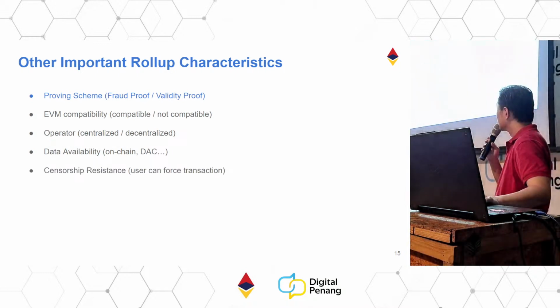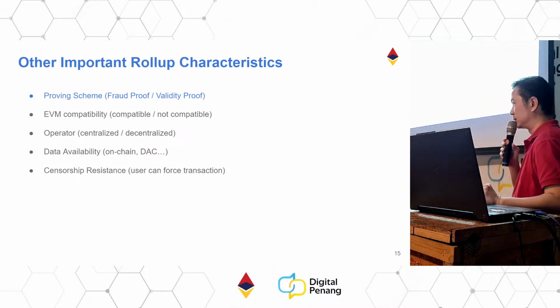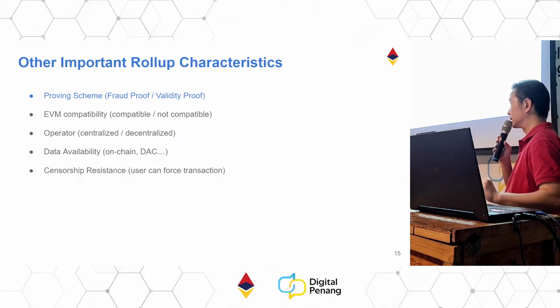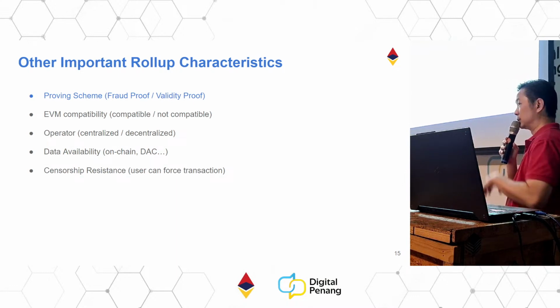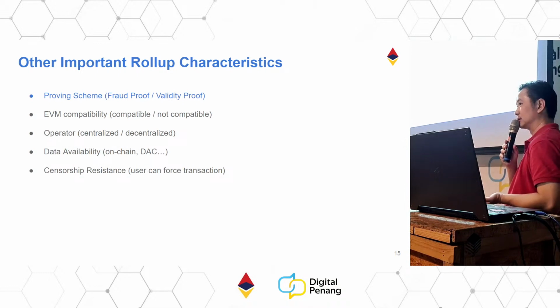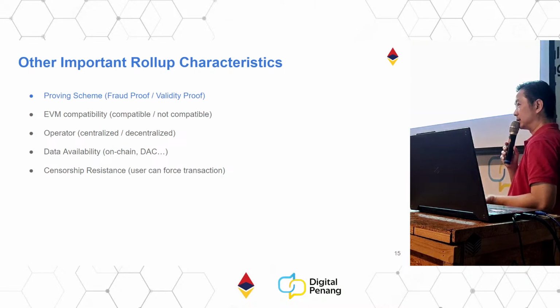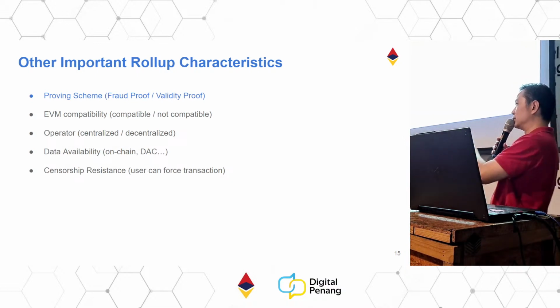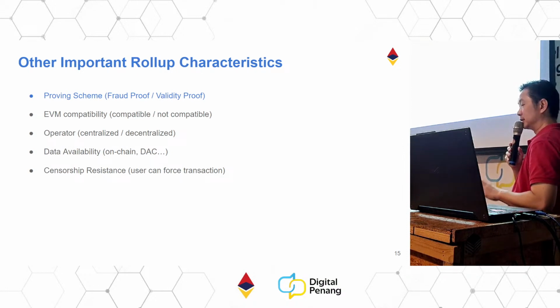And censorship resistance. You got to make sure the rollup has a mechanism to allow you to submit a transaction anyhow, right? Because the rollup is run by a company or a team, and the team can censor you anytime. If they don't like you, they can censor you. Let's say Optimism, they know you, and I don't know what the reason is, but it can be a reason that they censor you.